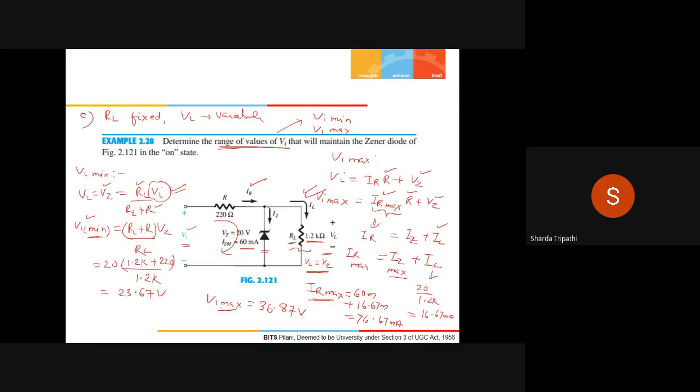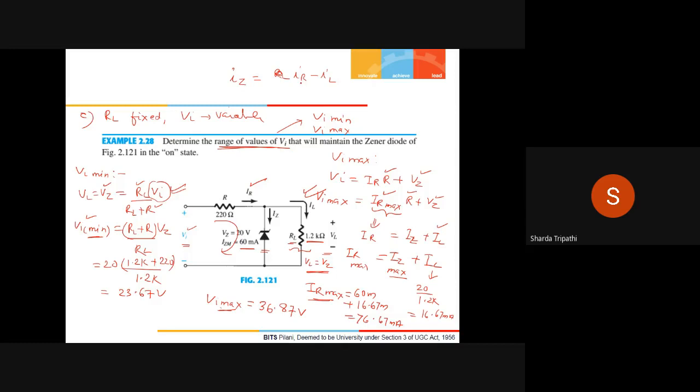इसमें करना क्या पड़ेगा? First you need to write down the expression for IZ in terms of RL. So in the first case where you have to find out the range of RL, वहां पे input voltage दिया होगा. So you write the expression for IZ and this expression would be simply IR minus IL.